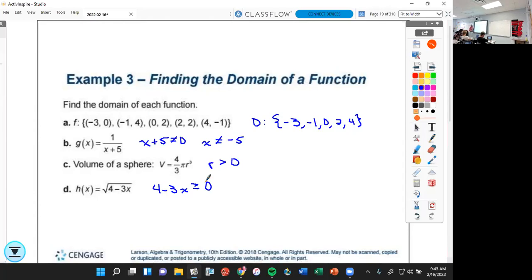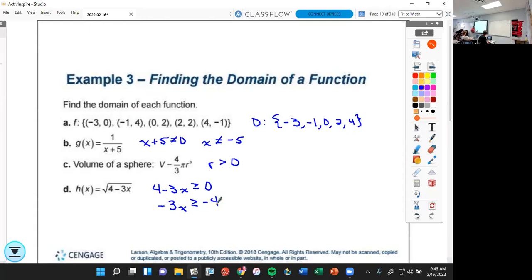Solving this, first step. Subtract 4. Negative 3x greater than or equal to negative 4. Next step. Okay, anything important about dividing by negative 3? What's the sign? Okay, it's an inequality, so don't forget to flip that sign.